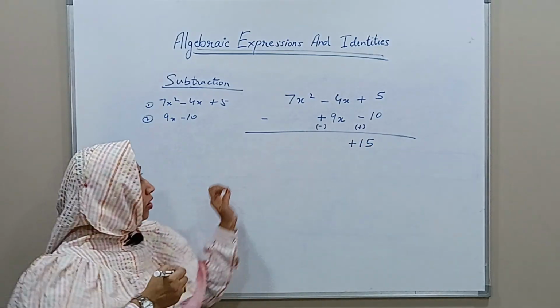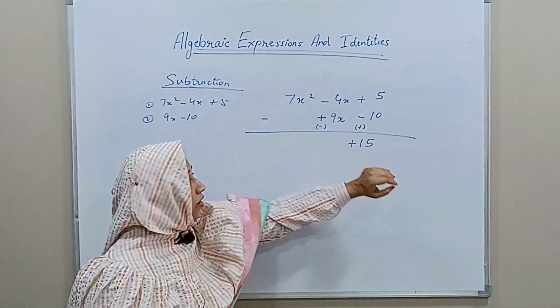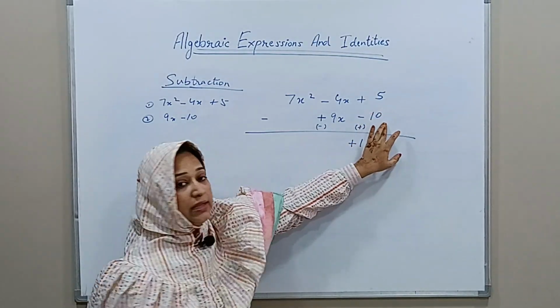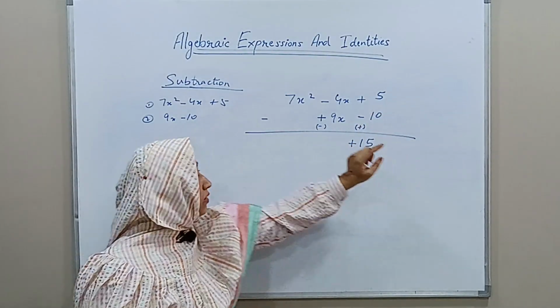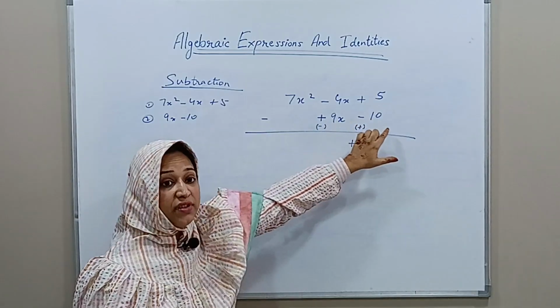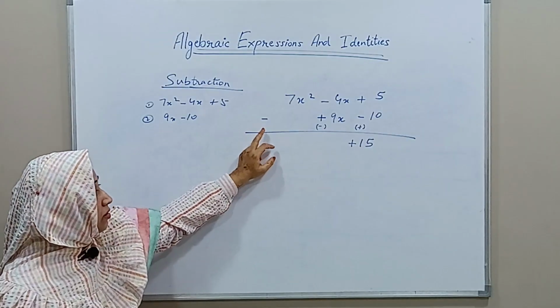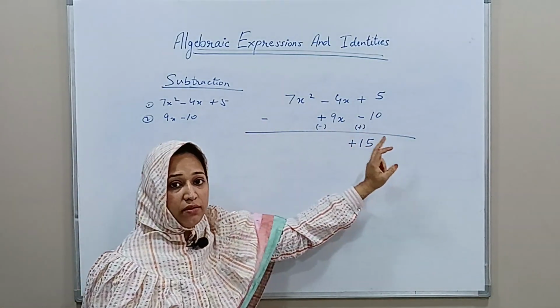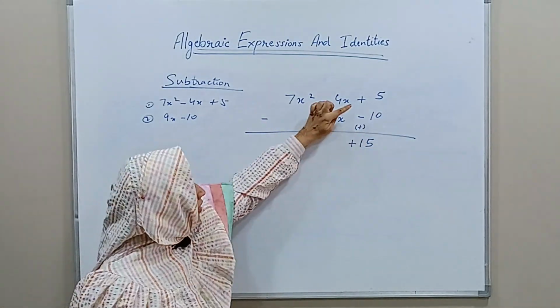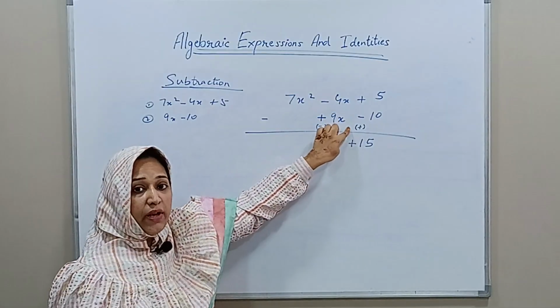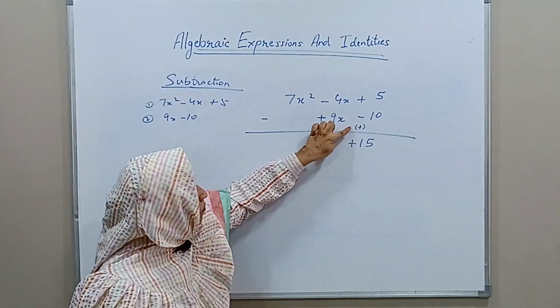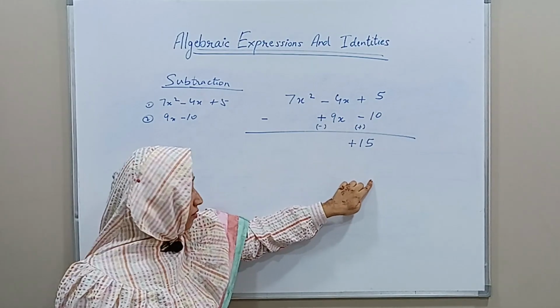If we see the other way, you would say that 5 minus 10 is minus 5, but then this is the sign of the term, right? And we are subtracting it, minus. So we have two minus together, that makes it plus. And then same signs, so we will add them. So plus 5 plus 10 is plus 15.